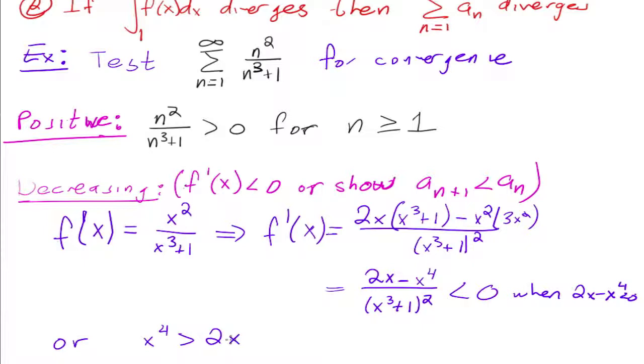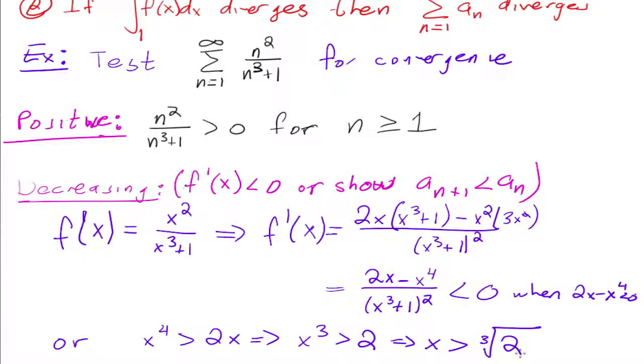And since we're only looking at values of x greater than or equal to 1, I can divide both sides by x, so that means x cubed is greater than 2. So the derivative is negative when x is greater than what? Cube root of 2.